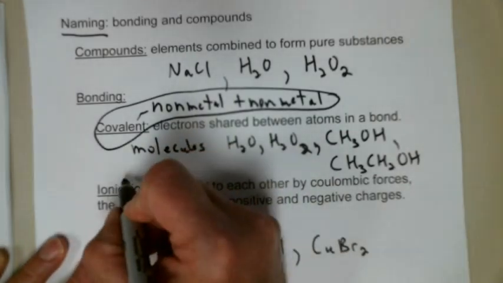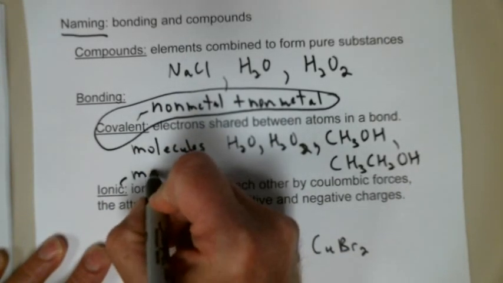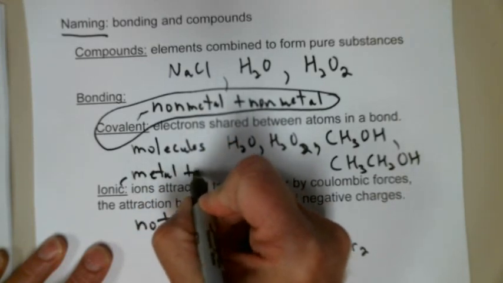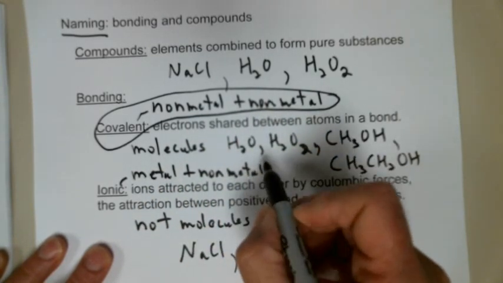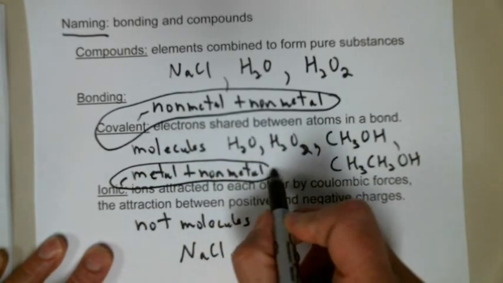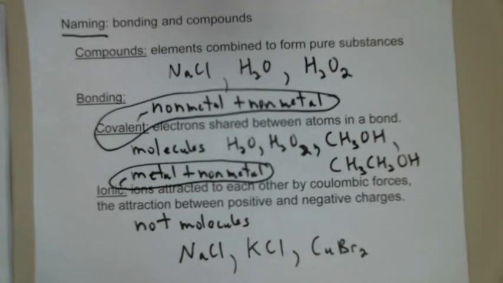And then for ionic, it's going to be a metal plus a nonmetal. And sure, there are exceptions to this, but it will give the right answer just as often, if not more often, than electronegativity differences. And all you've got to do is look at the periodic table. So that's a lot easier, isn't it?